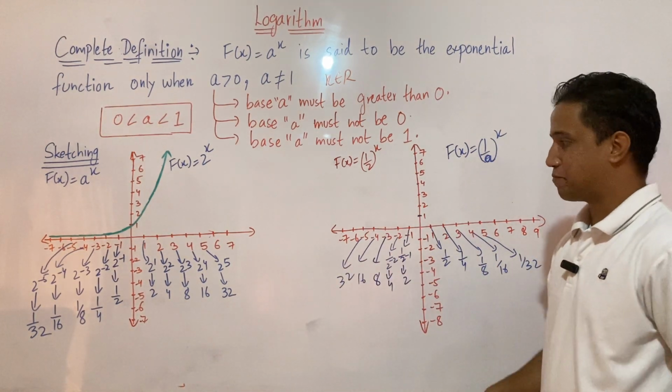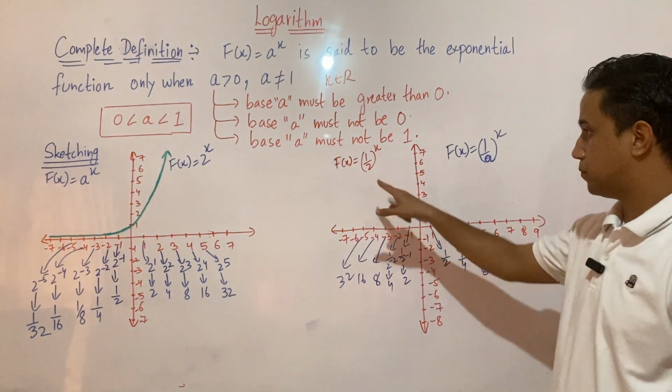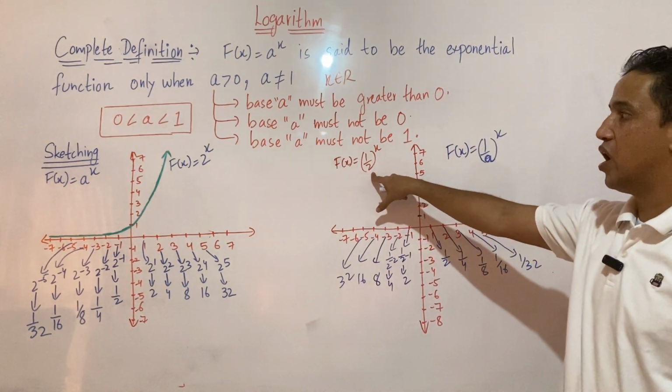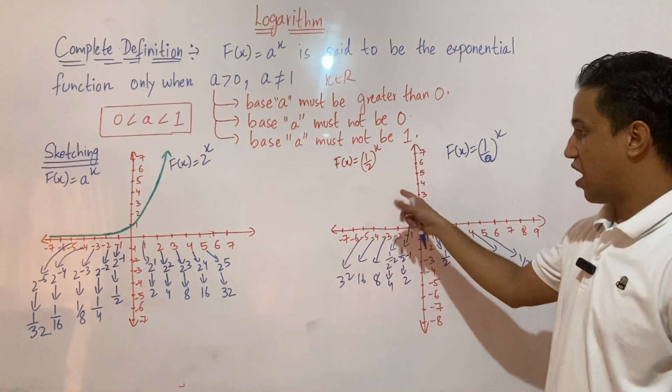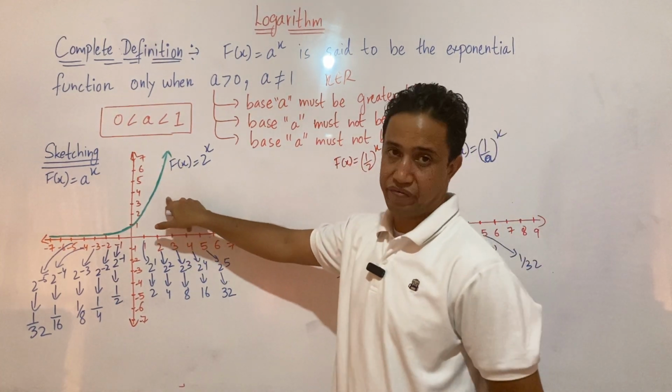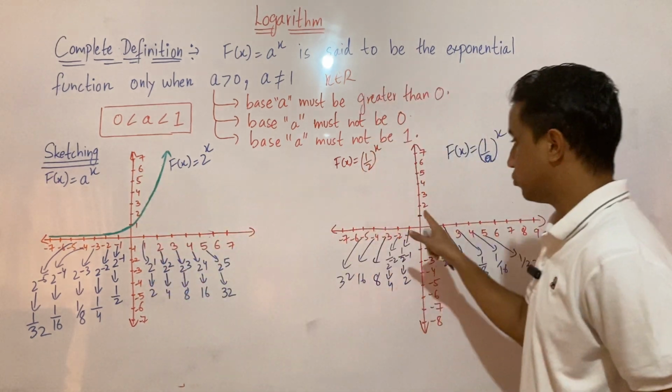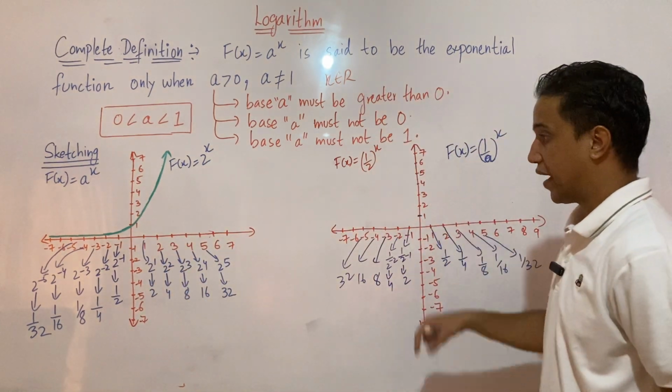Okay, so what does it mean? It means this graph, (1/2)^x, is going to be the reflection of this graph around the y-axis.